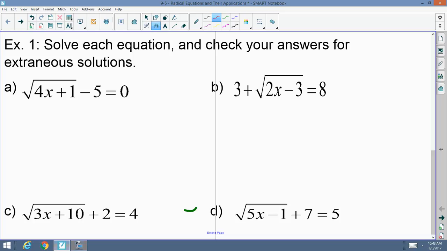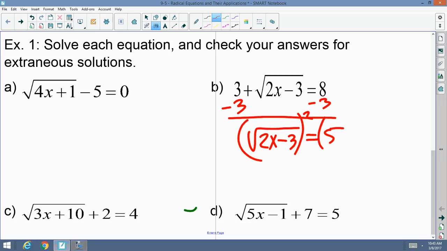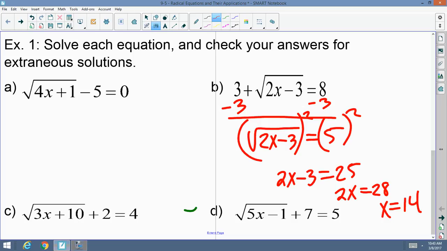All right. Let me just, real quick. Now you're messing me up here. If I go ahead and get the radical by itself, let's see. I got squared, squared. Okay, so I got 2x minus 3 equals 25. And then I have 2x equals 28. So x equals 14.